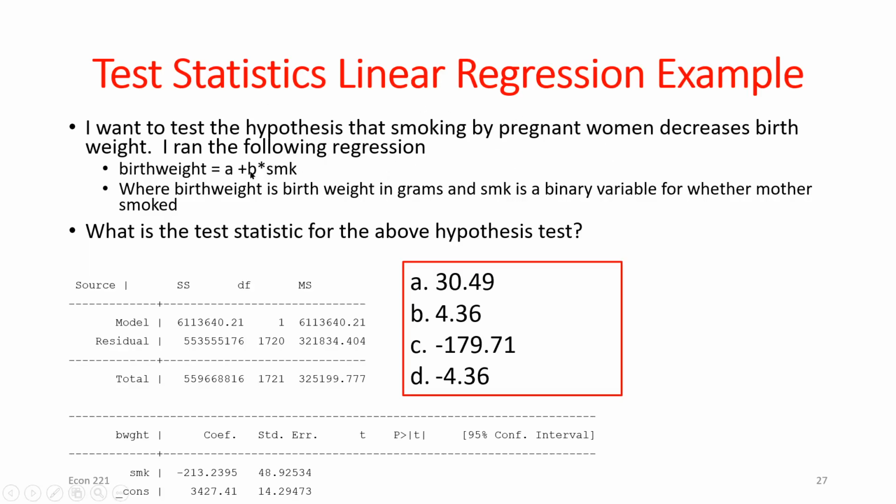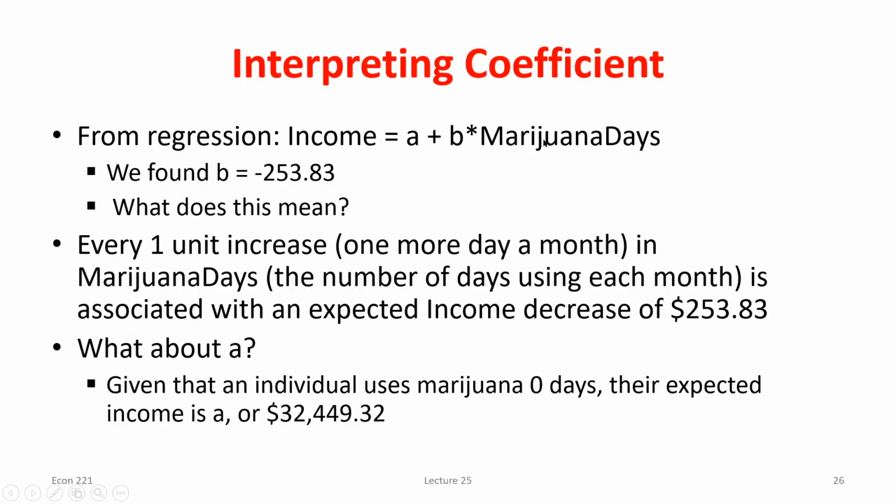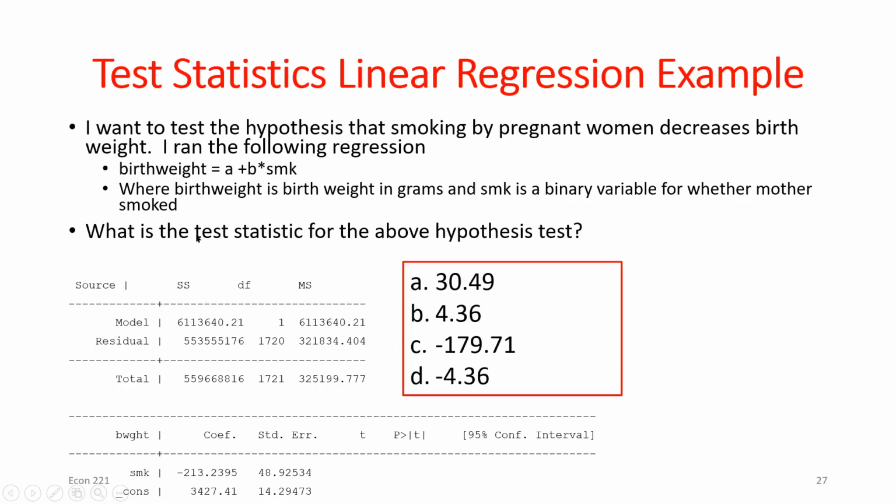What if I did birth weight and whether or not the mother smoked? Well, sometimes we've got these variables that are binary, ones or zeros, right? Whether or not the mother smoked. Before, the number of days someone smoked marijuana could go from 0, 1, 2, 3, 4, 5, 6, up to 31, I guess. But this variable of whether or not the mother smokes is just a 1 if she did while pregnant and 0 if not.